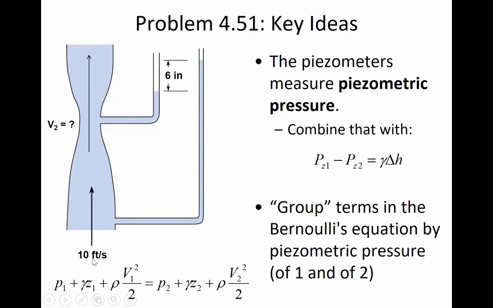So if you rearrange it to group the terms by piezometric pressure like we just did in the example, then you can use the 6-inch deflection to find the velocity at location 2. I hope this problem should be relatively simple now that we worked through that Pitot example, which is very closely related.